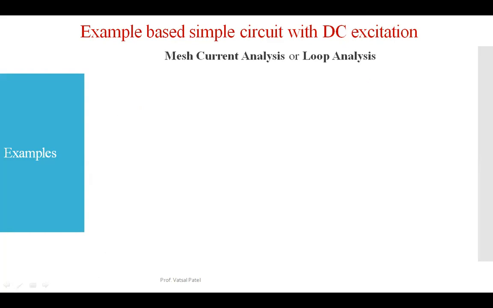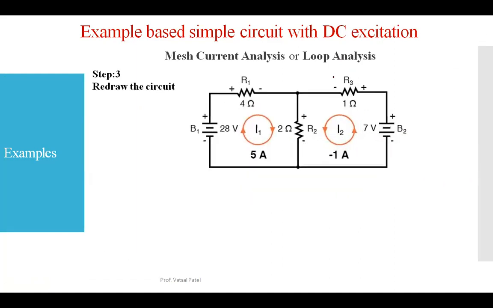Yes, when we consider the current direction that we have to identify, let me finish this example. As we identify, the current I2 will be with the minus sign. So we have to redraw the circuit as we identify I2 with minus 1 ampere as per the direction we have selected.